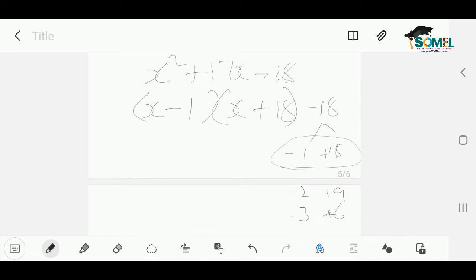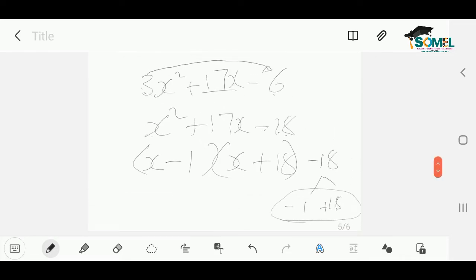But remember, because I multiplied with 3 here, this is the strategy, this is the tricky part, because many learners forget to do this and then they get it wrong. You see, because I multiplied here with 3, I'm going to divide the numbers with 3 here. It's very important.